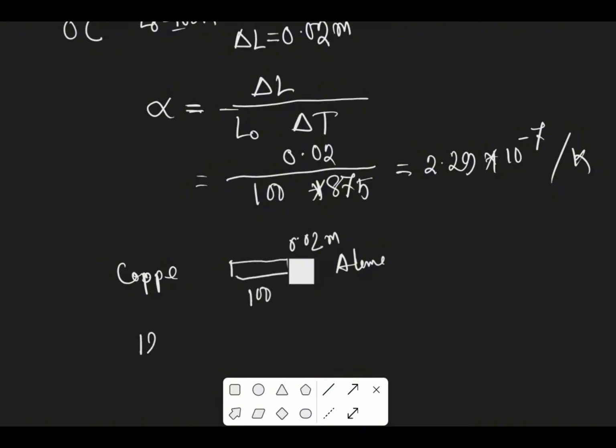And for copper, the temperature rise was 12 degrees Celsius, and for aluminum, it was 875 degrees Celsius. So what we can comment at last is that copper expands to a much greater degree than aluminum, hence the aluminum needs a much higher temperature rise, right? So this is actually the comment, the explanation, for these questions.